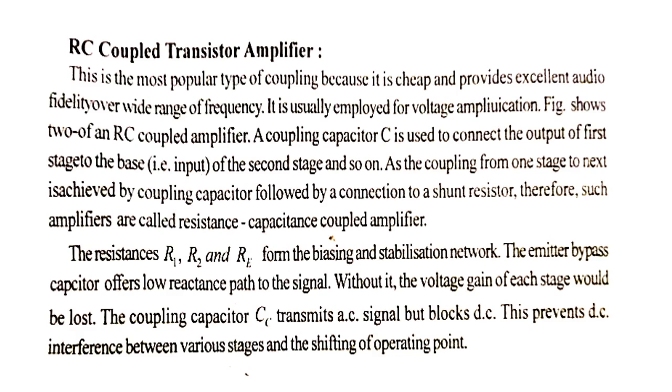Without it, the voltage gain of each stage would be lost. The coupling capacitor CC transmits the AC signal but blocks DC. This prevents DC interference between various stages and the shifting of the operating point.